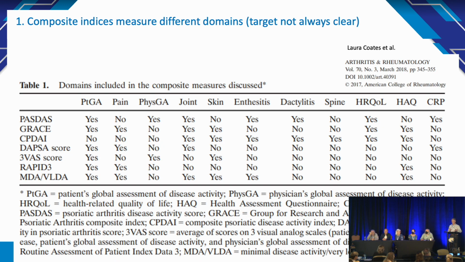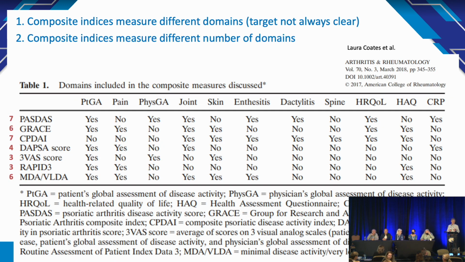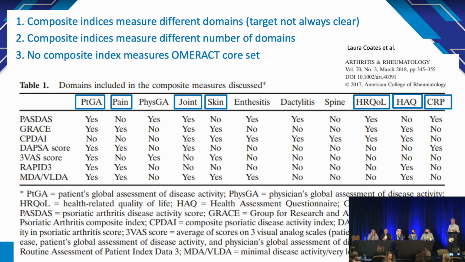But there is not. There are many instruments, many composites that are used in psoriatic arthritis. Over the years, I've tried to make sense of all the different instruments. And being a member of this working group, I also started to look at what are the target concepts that all these different instruments measure.